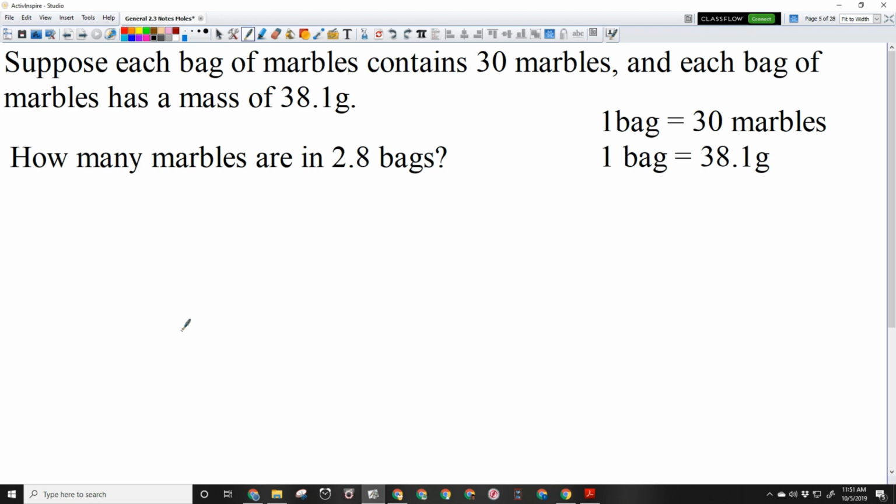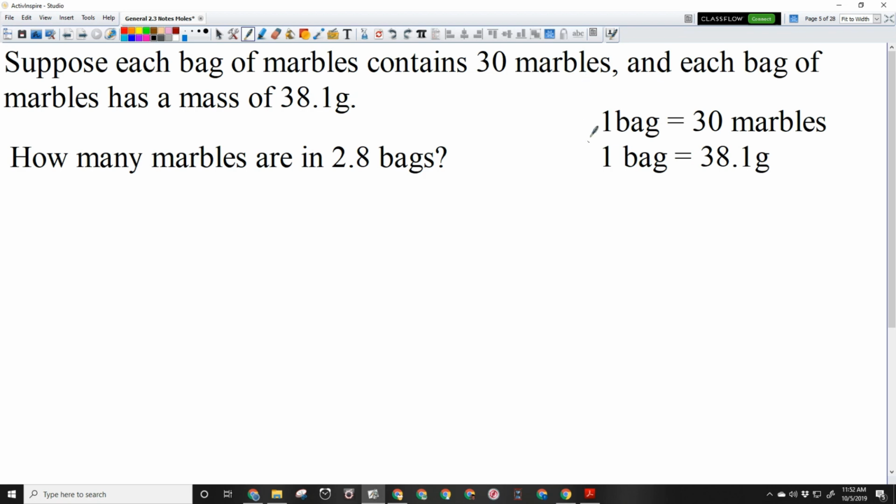All right, so before we go into the next section of these notes, we need to brush up on our conversion and how to do conversion factors. We studied this a few weeks ago when we first started off chemistry. So looking at this problem, suppose each bag of marbles contains 30 marbles, and each bag of marbles has a mass of 38.1 grams.